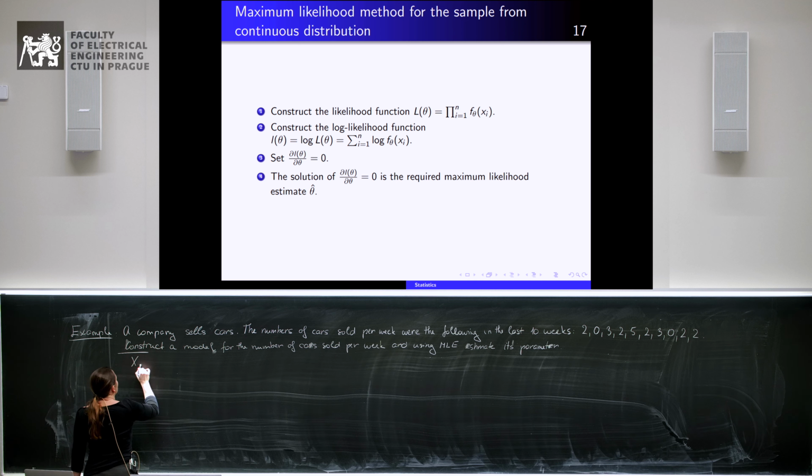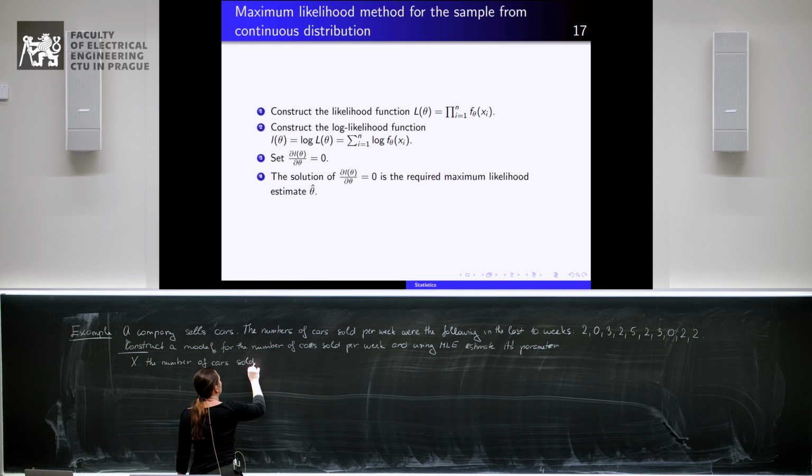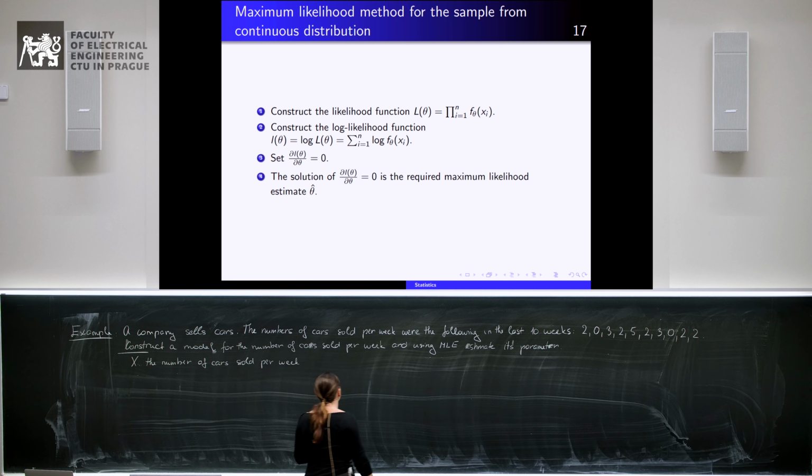So X is the number of cars sold per week. And since the number of cars sold per week is the number of events which are independent of each other, it is a typical case of a random variable with Poisson distribution.